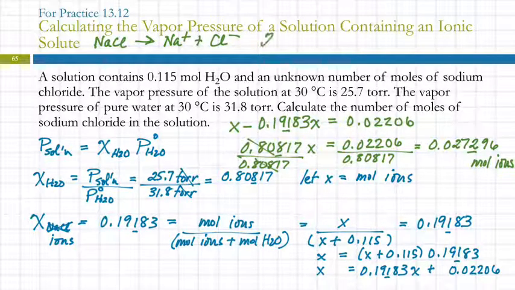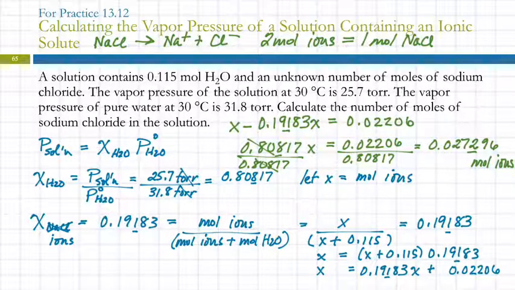So we have 2 moles of ions is equal to 1 mole of sodium chloride. Now, you could use the Van 't Hoff factor here. That is the expected. Since we're not given a value, I'm just going to use the expected factor, 2 to 1.